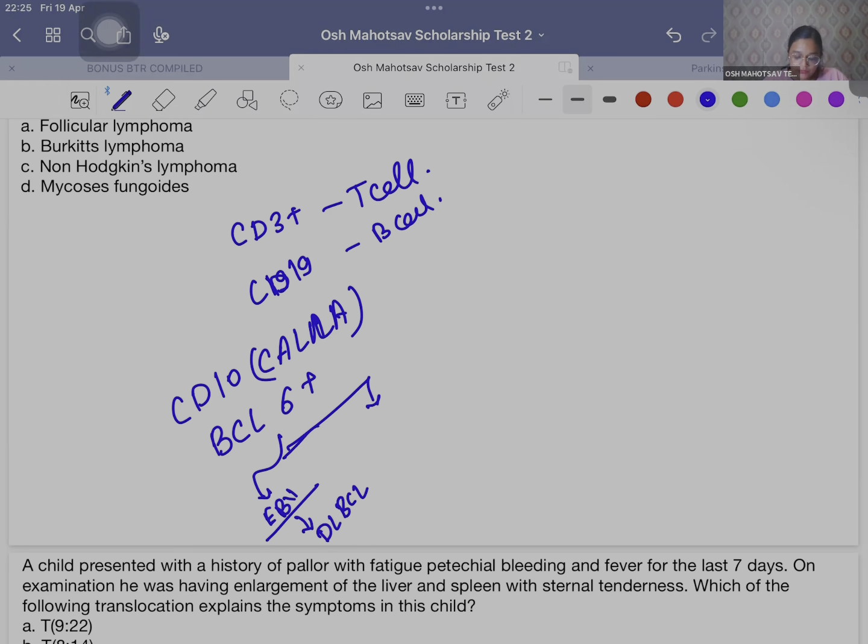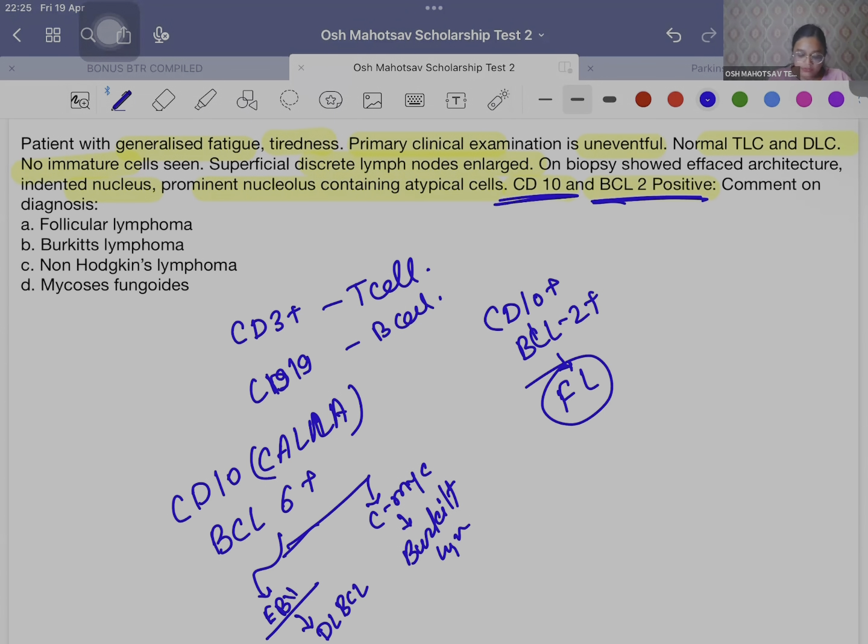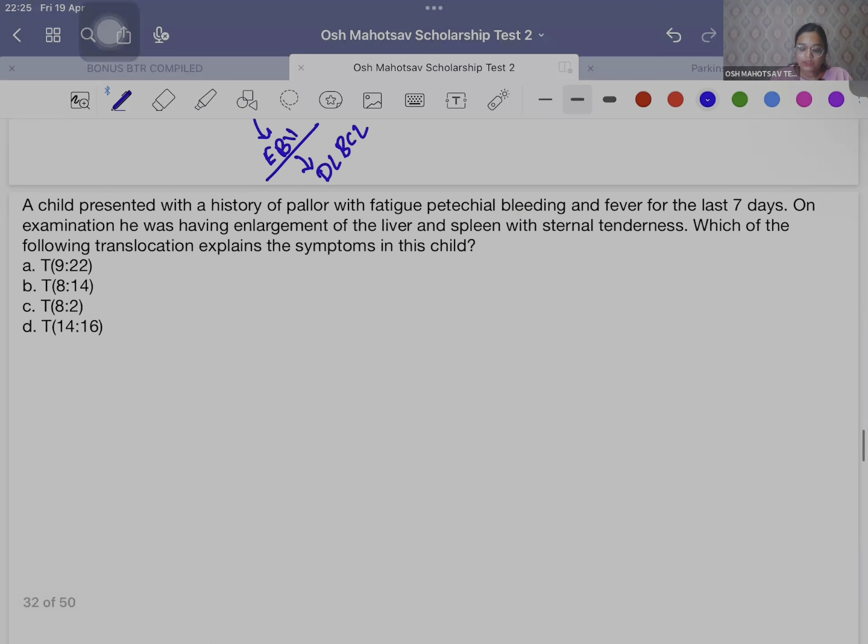And if they give a history of c-MYC mutation, then the diagnosis will be Burkitt lymphoma. Next, if CD10 positive plus BCL2 positivity, then the diagnosis will be follicular lymphoma. Here they have given CD10 and BCL2 positive, so the diagnosis is follicular lymphoma. CD10 is the common ALL antigen.